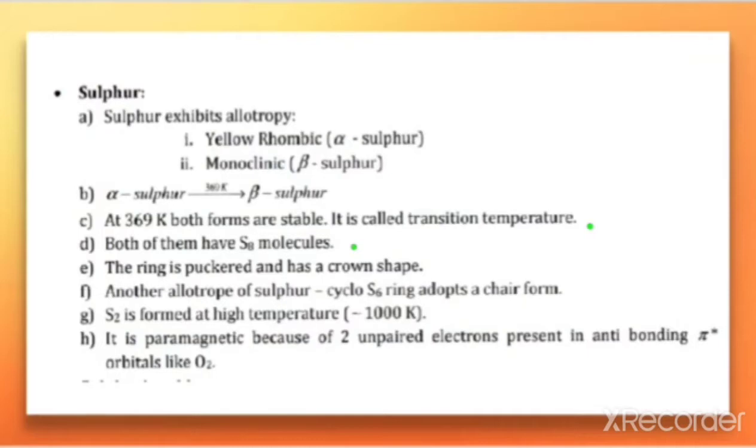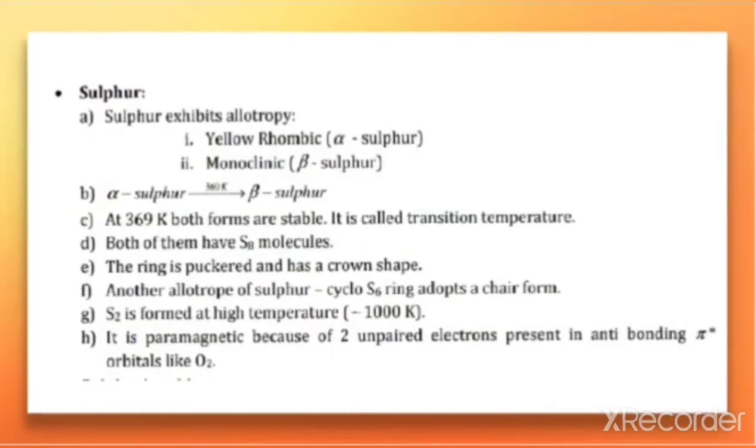The S8 molecule has a puckered ring with a crown-like structure, which we will discuss here. There is another allotrope of sulfur, that is cyclo S6, which has a chair form structure. S2 is formed at a high temperature, that is 1000 Kelvin, and it is paramagnetic like oxygen.